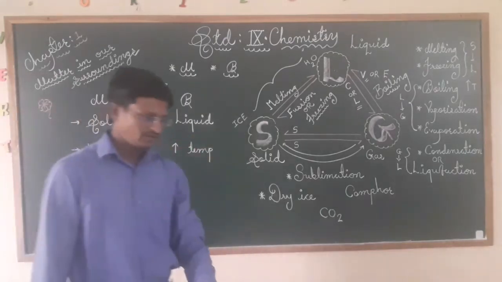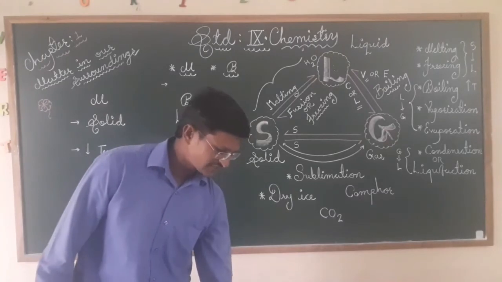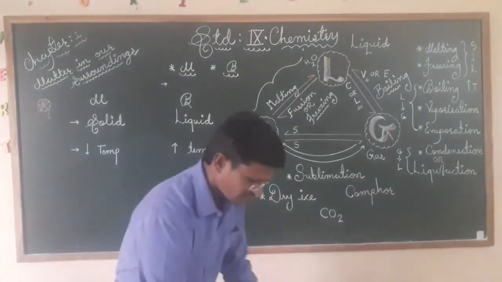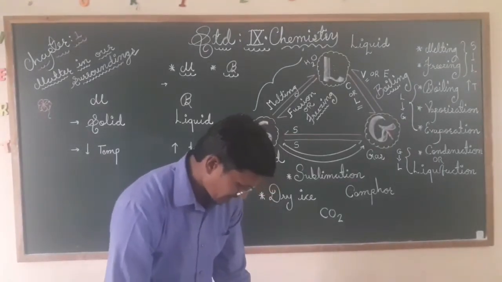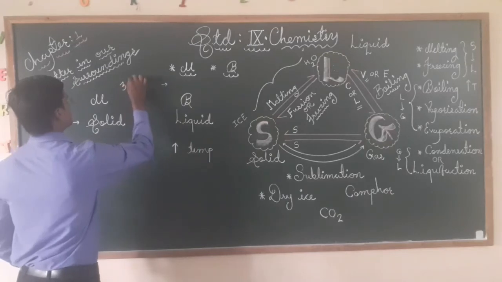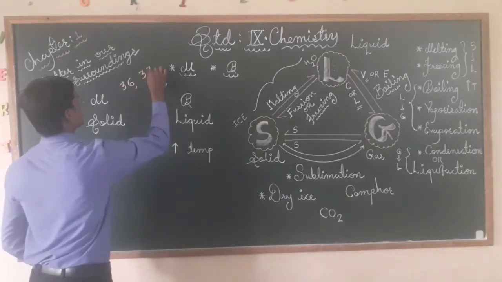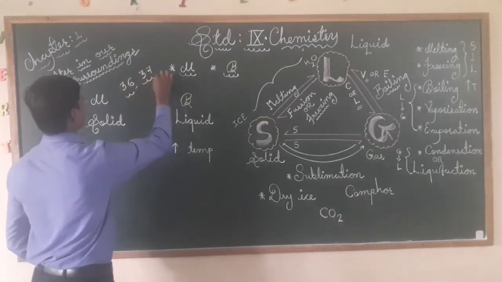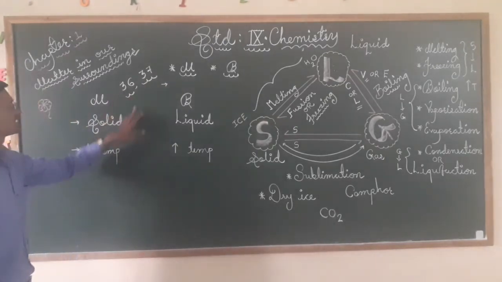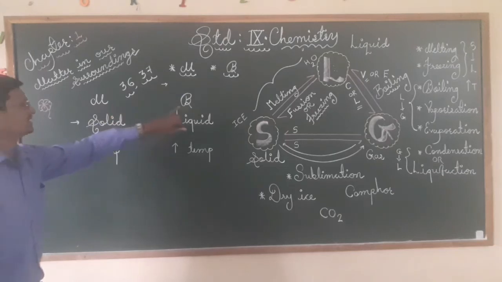All the differences are given in your textbook, so you can refer to that also. In your textbook, on page numbers 36 and 37, different examples of melting and boiling points are given. Different substances are given for melting and boiling.